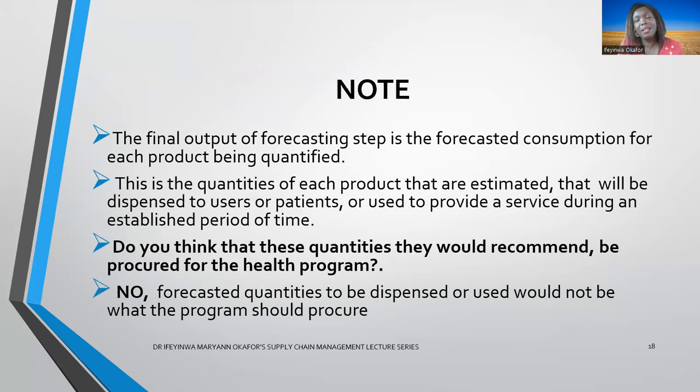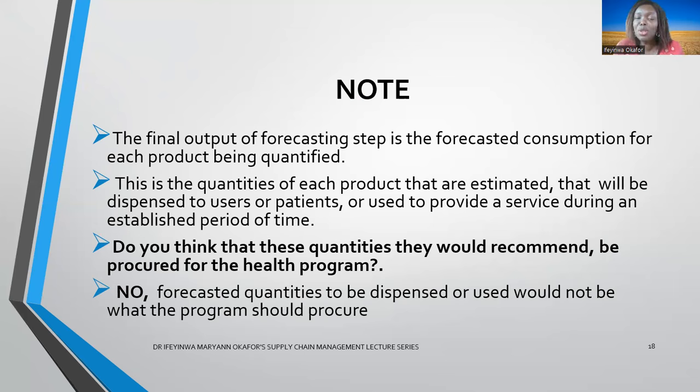Note, it's good for you to note that the final output of the forecasting step is the forecasted consumption for each product being quantified. And this is the quantities of each product that are estimated that will be dispensed to users or patients.